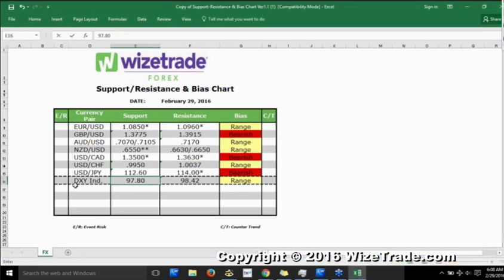That's pretty much it. We held that 18 support on Friday really well. I think we dipped slightly below that. 18.38 resistance, and we're in a range as well.